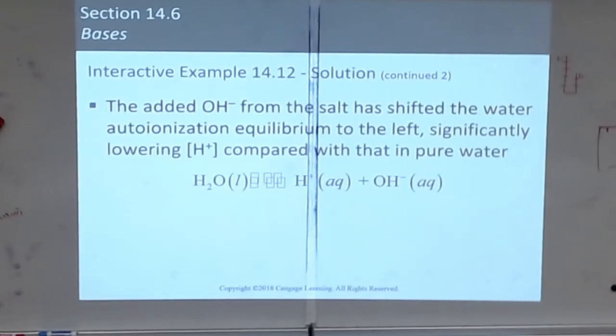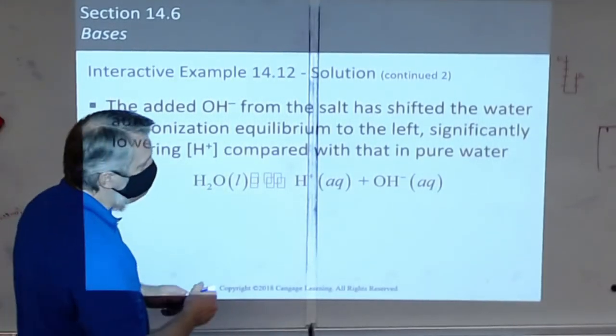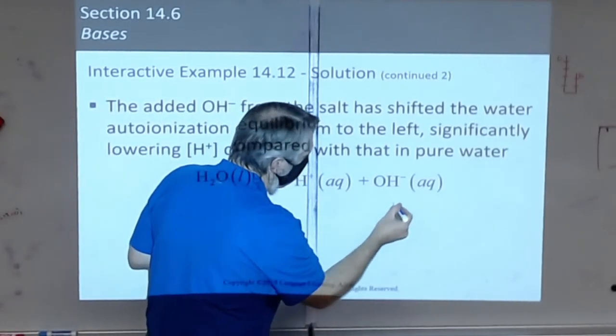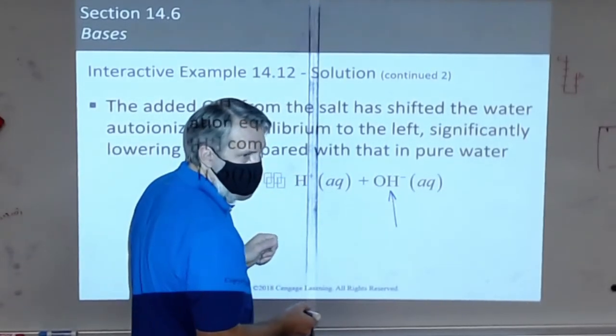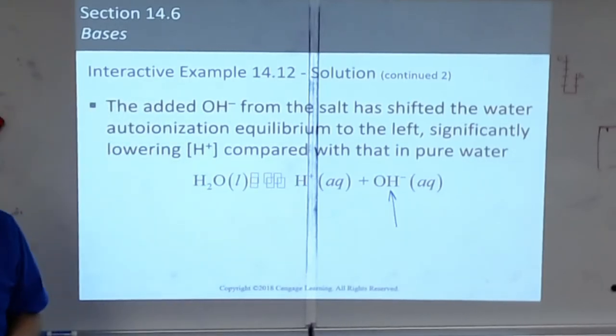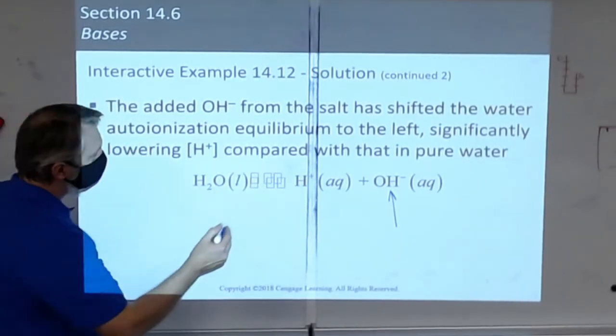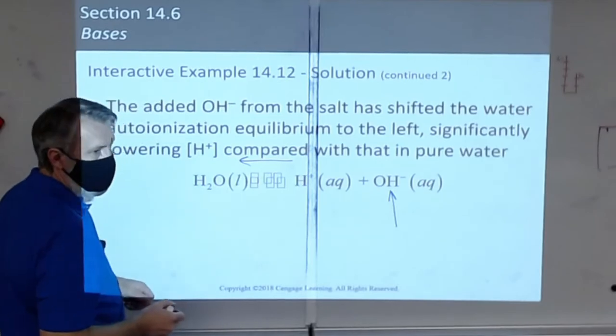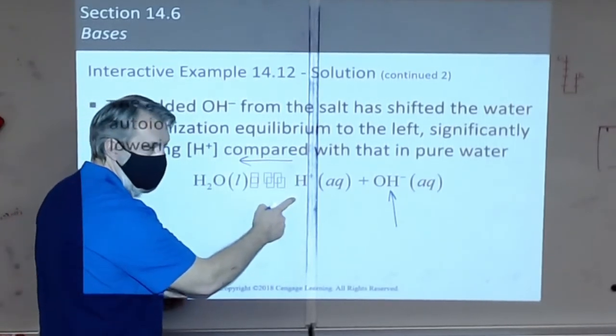So, what's happened here to the hydrogen ion concentration? Why did it get reduced? Well, I've added a bunch of hydroxide. I've increased the hydroxide, which drives the reaction what direction? It drives the reaction to the reactant. And when that happens, what happens to this?